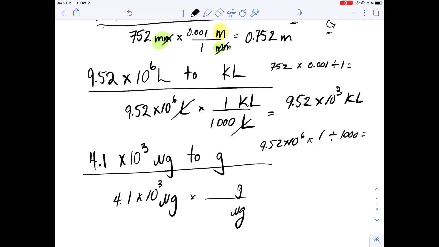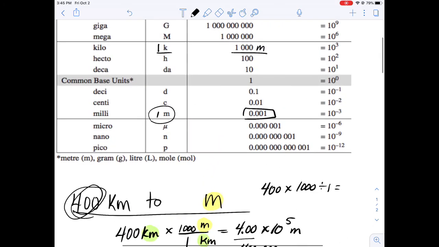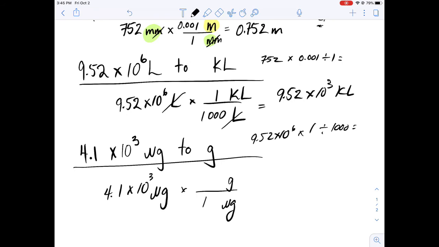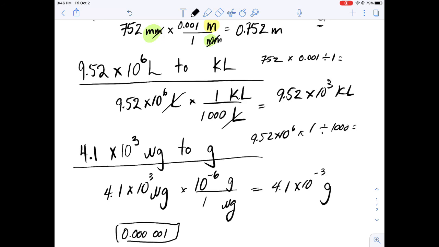I want to be left with grams. 1 microgram is 10 to the negative 6 grams, and 0.000001 is what 10 to the negative 6 looks like. This is going to give me 4.1 times 10 to the negative 3 grams.